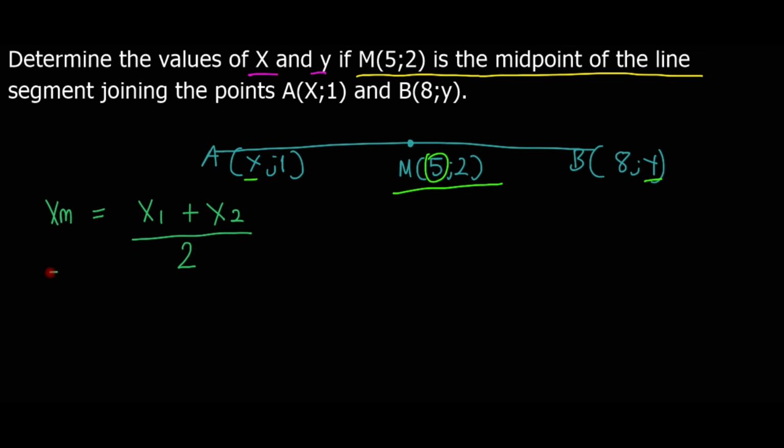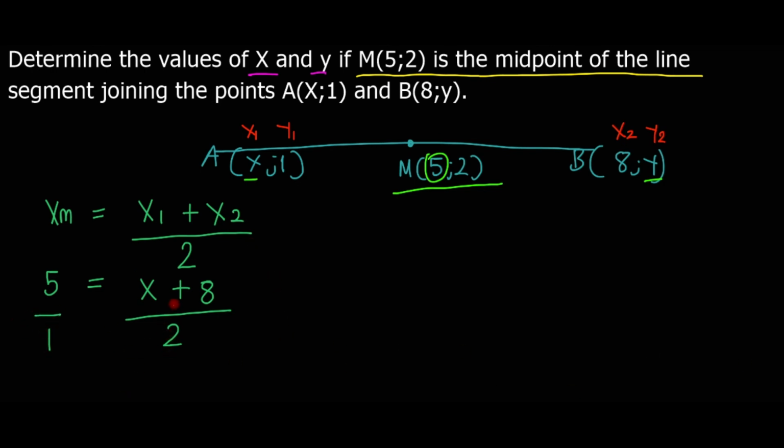This means we will substitute with it because they give it to us, and let's say we choose point A as point 1, so this one is x1, y1, x2 and y2. Therefore x1 for us is x in this case because they don't give it to us, and x2 they give us in this case is 8. So from here we can cross multiply because we want to solve for the value of x based on this question.